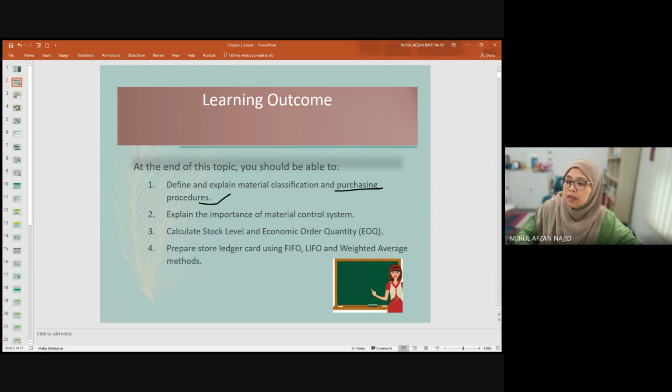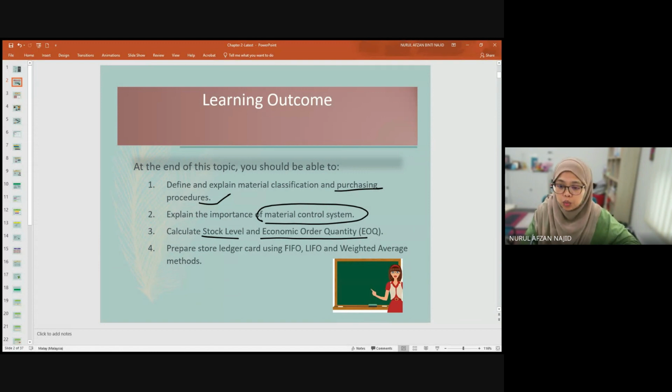Alright, then subtopic number 2, I will go to with the importance of material control system. Okay, why we need to control the material. So what are the method that can be used to control the material. Okay, so basically in order to control the material, there are two method yang iaitu kita panggil sebagai stock level and also economic order quantity, or in a short form kita panggil EOQ.